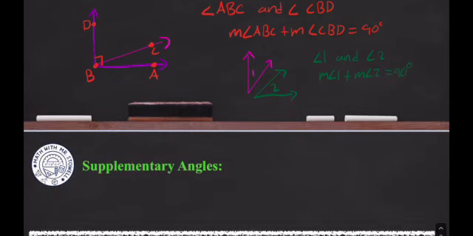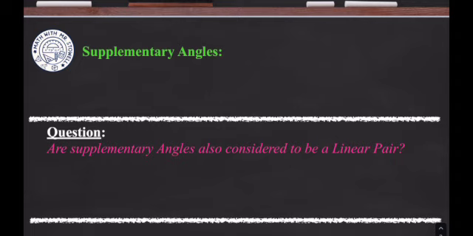Okay, so supplementary. Let's go to supplementary angles. Supplementary angles are similar to complementary angles. However, instead of adding to equal 90 degrees, they add to equal 180 degrees. So they add to equal a straight line. So here's an example of this. If we have a line or a pair of opposite rays, and we have a ray that goes up with it, this is similar to a linear pair.